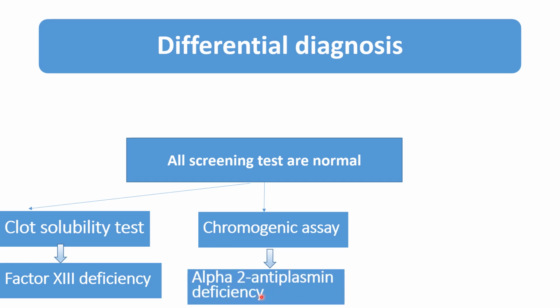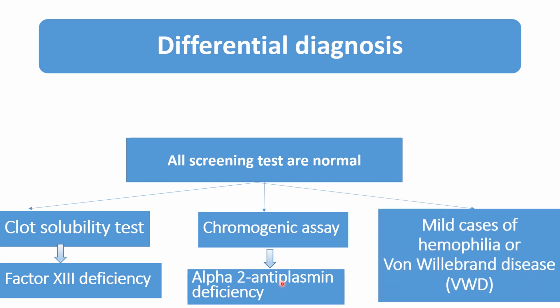It suggests alpha 2 antiplasmin deficiency, in which the whole coagulation profile and platelet count will be normal and the child has bleeding manifestation. And sometimes in mild cases of hemophilia and von Willebrand disease also, the child may have all screening tests normal.